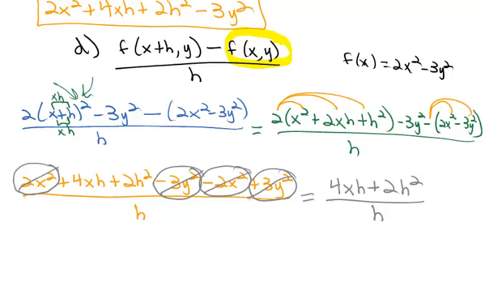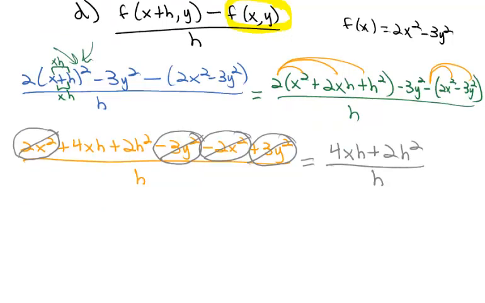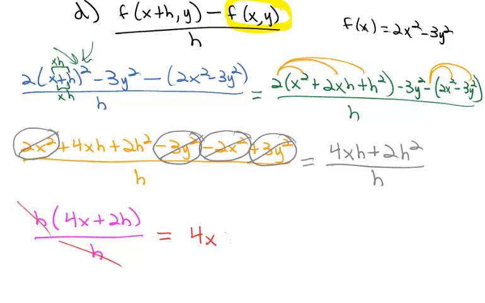Of course, before you try and simplify this, you remember that with rational expressions, we have to factor first before we can reduce. Factor an h out of the numerator leaves us with 4x plus 2h all over h. And now because that h is a factor, we can divide it out, giving us our final answer of 4x plus 2h.